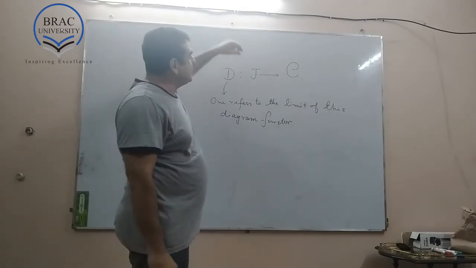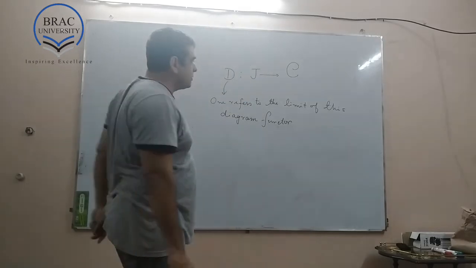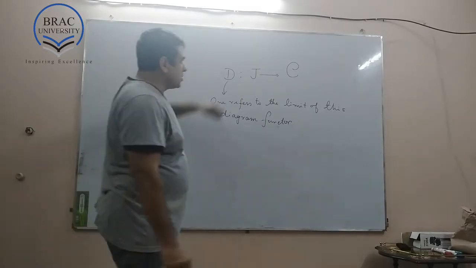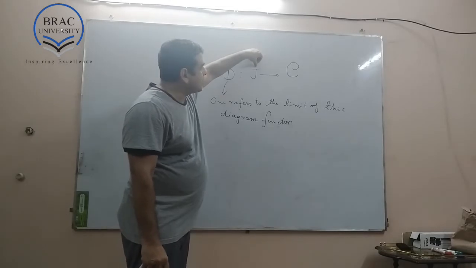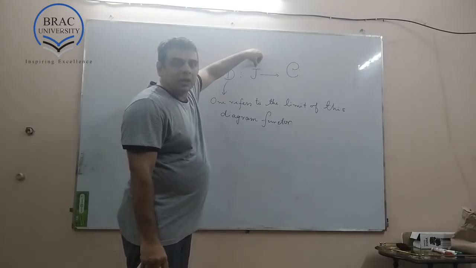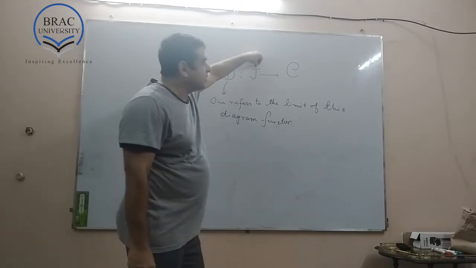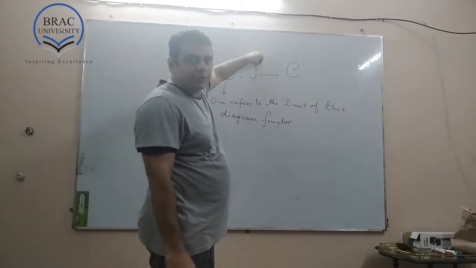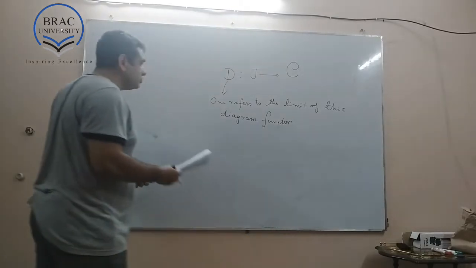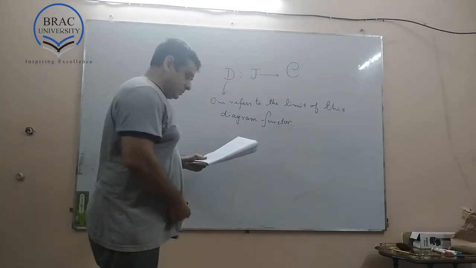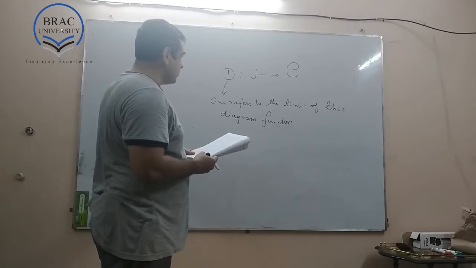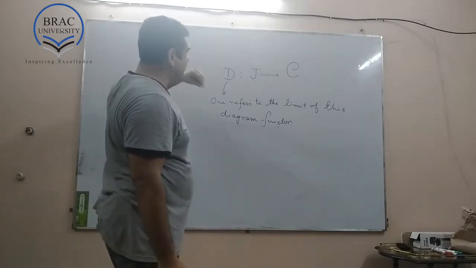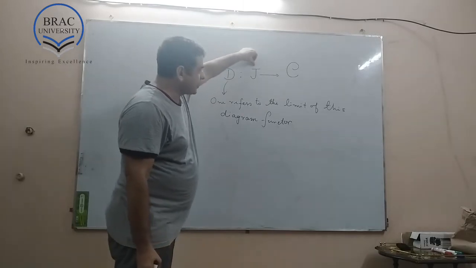Otherwise, the limit is called an infinite limit. The index category is finite means it has finitely many objects in the set of objects, and finitely many morphisms in the set of morphisms. So that was the finite limit of the diagram, if the index category is finite.